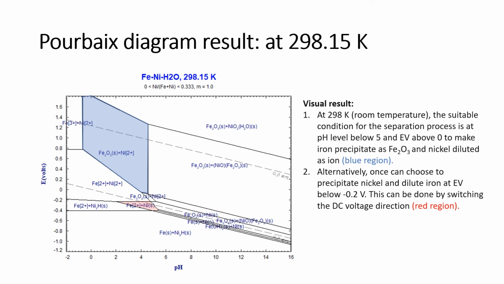But it doesn't show you how much iron precipitate or how much nickel is diluted in your system. So it's just showing you the tendency of the equilibrium.